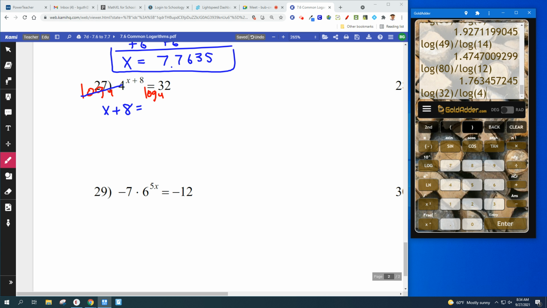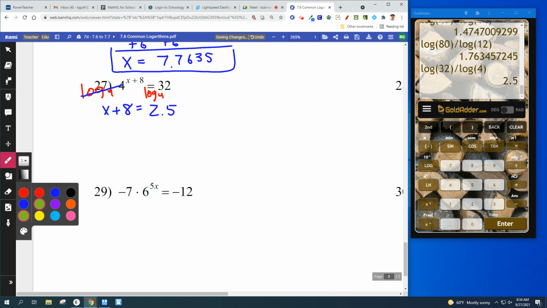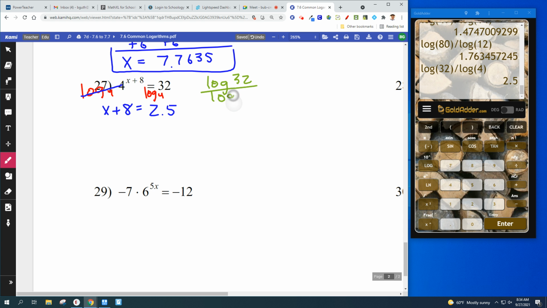That's right. 2.5. Okay. Again, in case you forget, we're doing the change of base formula. Log 32 over log 4. Got 2.5, but the last step, we need to isolate the variable, so we're going to subtract 8. x equals 2.5 minus 8, negative 5.5.